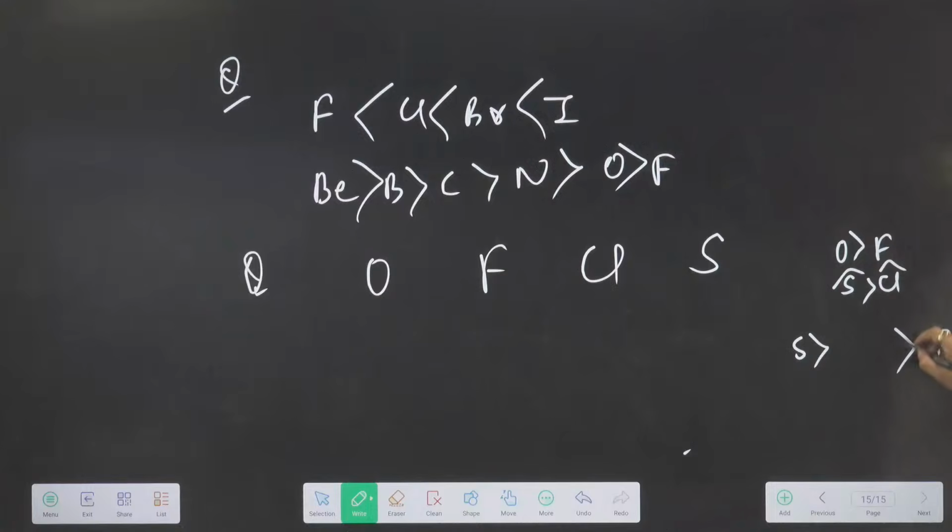What about oxygen, chlorine? So you remember one thing कि generally the diagonal elements are bigger. So I can write Cl > O. ठीक है? This is the answer.